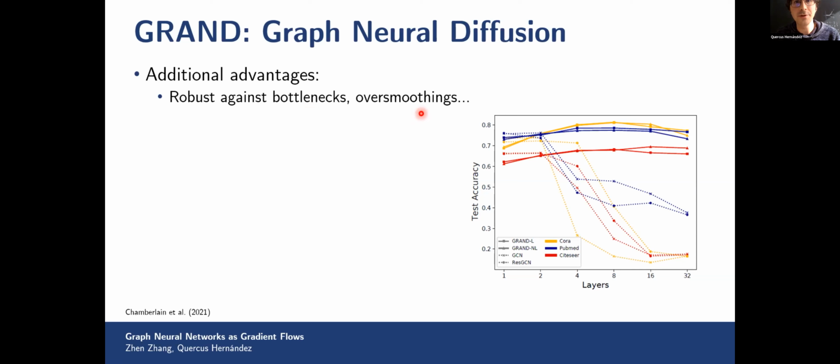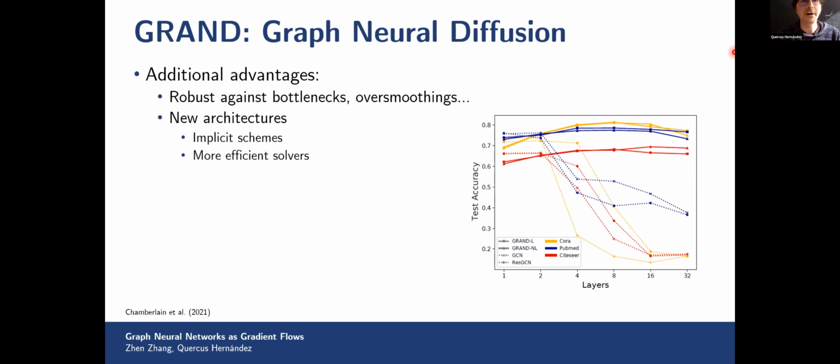Over-smoothing is when you have a very deep graph neural network, and your features get very smooth, so all the features tend to have the same value and you get no information from them. And I think Zhen will say something about this in the next paper.